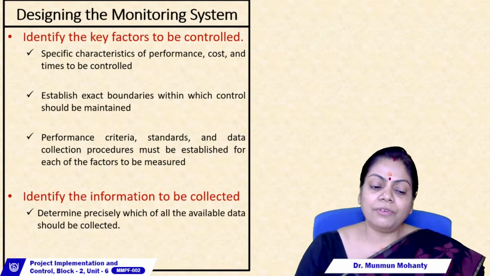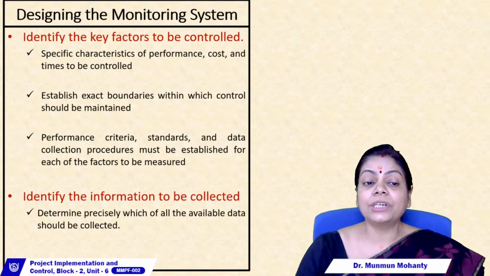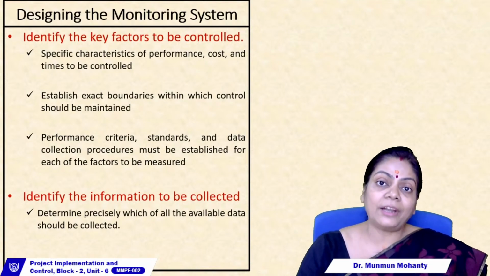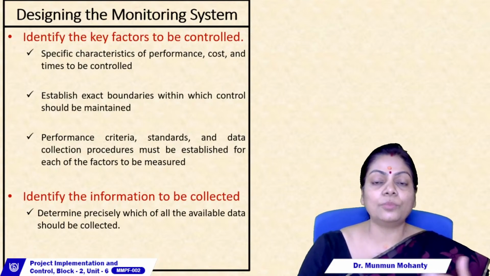Now, given all this information, the performance criteria, the standard, and the data collection procedure have to be established for whatever factor you are deciding to monitor. Suppose you are deciding to monitor customer satisfaction.